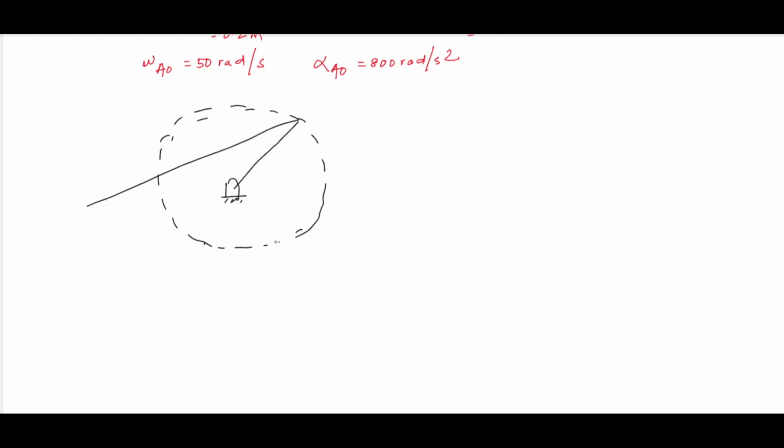So this is the virtual circle being completed by the crank. We have the slider here.